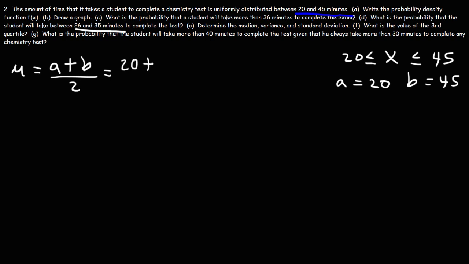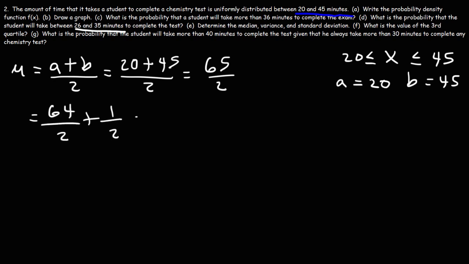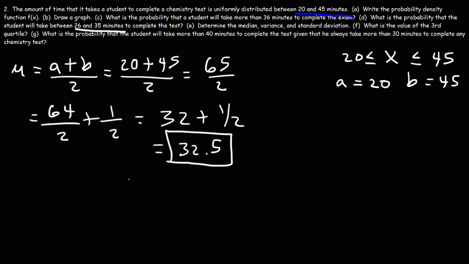So that's going to be 20 plus 45 divided by 2. So that's 65 divided by 2. 65 is basically 64 plus 1. So we can write it like this. Half of 64. 6 divided by 2 is 3. 4 divided by 2 is 2. So 64 divided by 2 is 32, plus a half. So it's going to be 32.5.